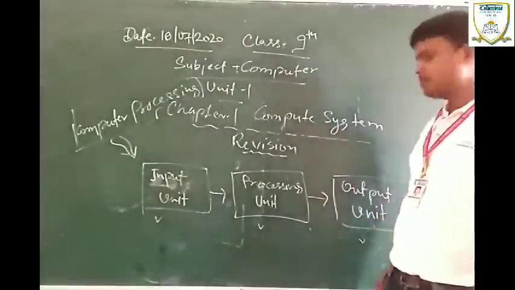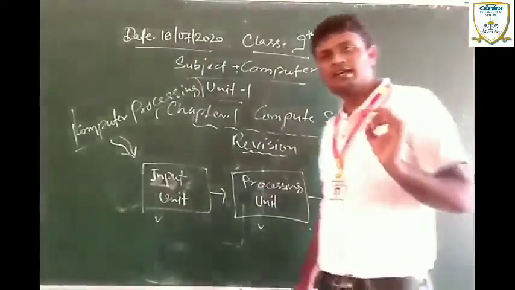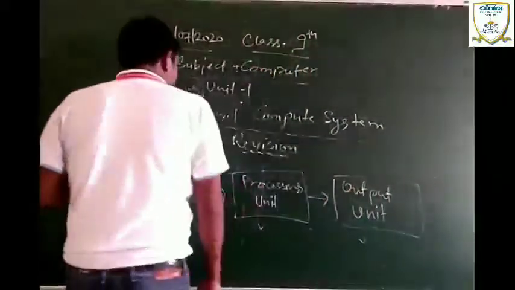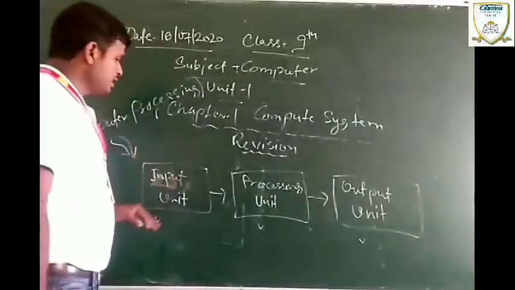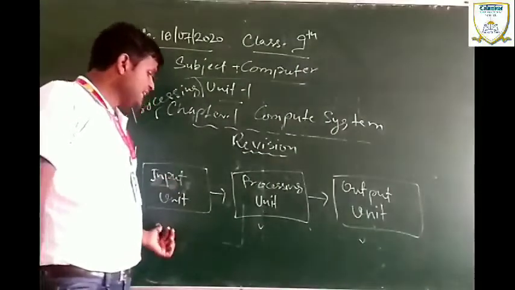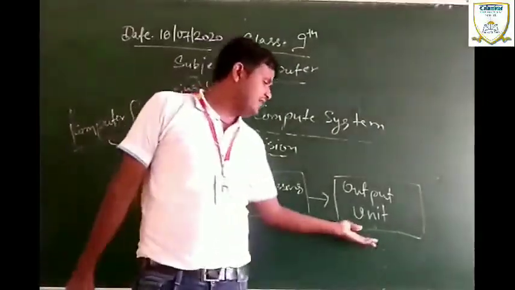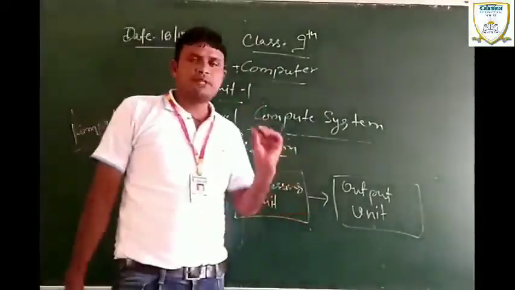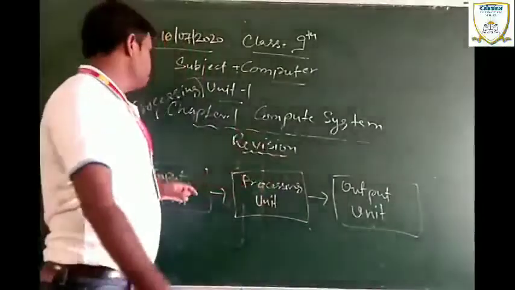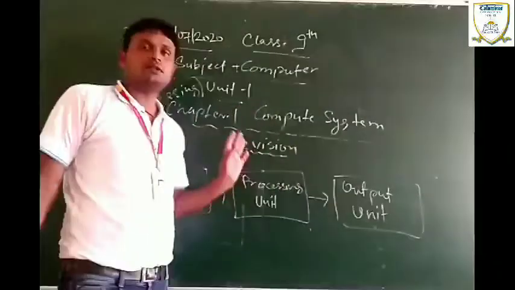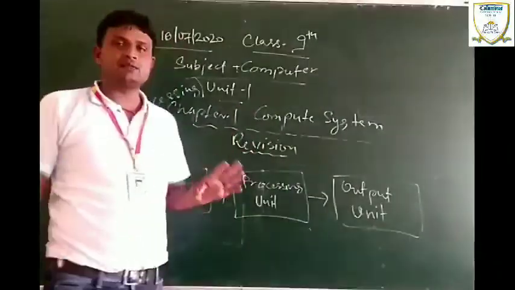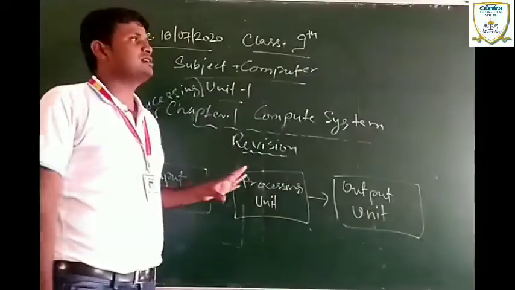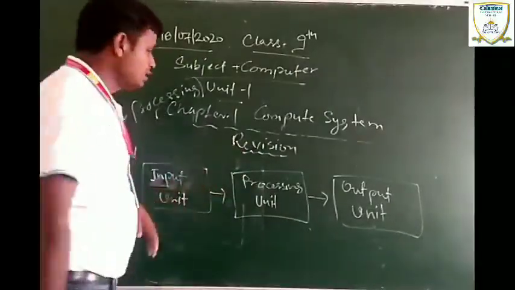And third, output. Students, here I explain each and every unit. In the previous class I explained input, process and output, but today I briefly explain the input devices, output devices and processing.